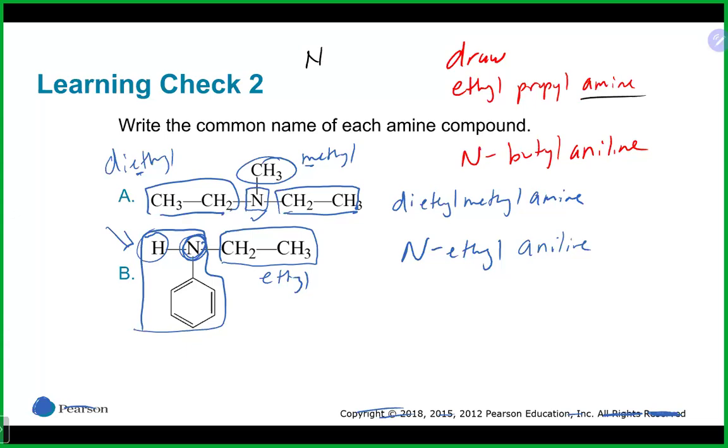It doesn't really matter which side you put it, as long as it's attached to the nitrogen. So propyl is three carbons, so we'll just do 1, 2, and 3. And ethyl is two carbons. Like I said, it doesn't matter which side you put those groups, but they can't go on the same side. They've got to go on different sides of the nitrogen.